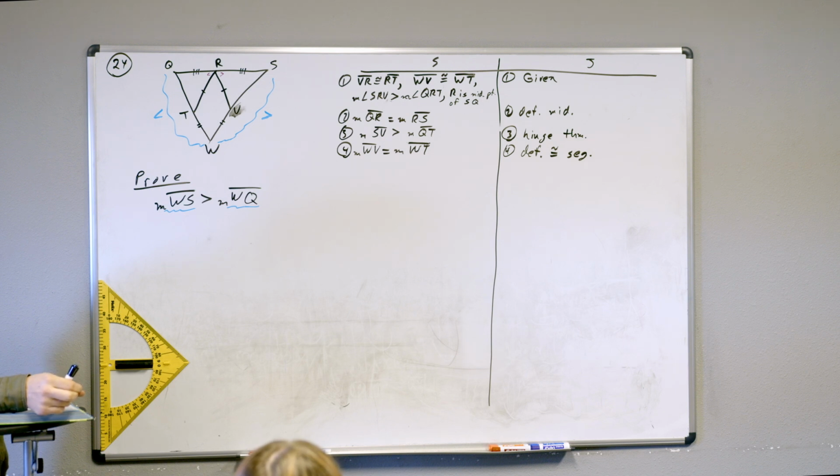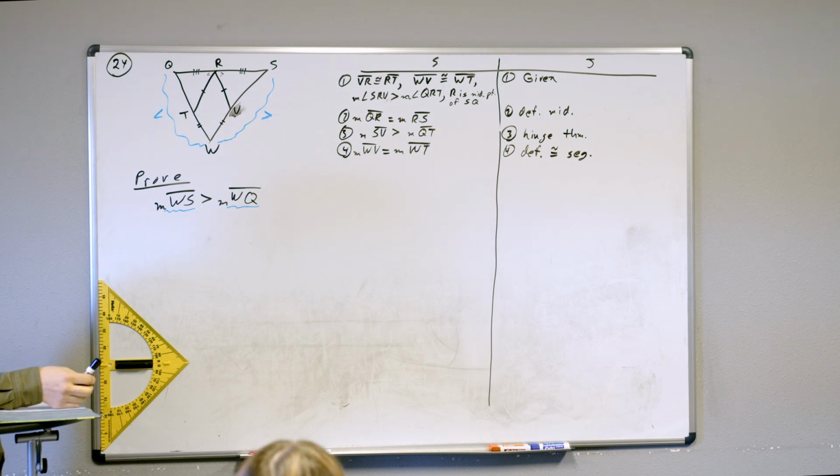So I was thinking we would go down the route of, since they're equal, we'd use one of them plus SV is greater than QT plus one of them, and then we simplify that to get to what we're trying to prove. Would we have to say it's equal to itself before that? I don't know what would let us say that.